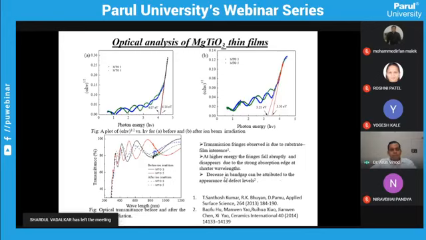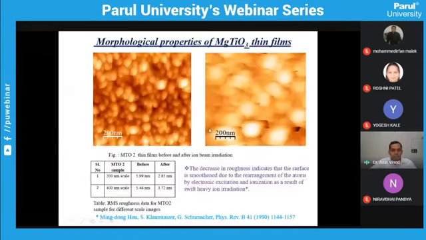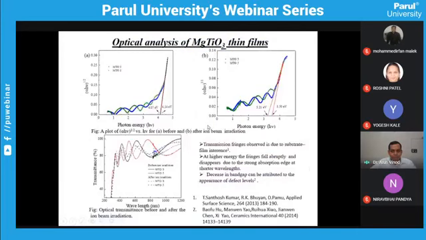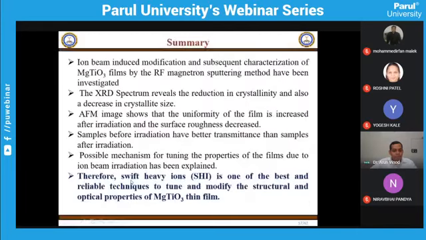So what we understood from the XRD, AFM, and optical analysis is that swift heavy ion irradiation is one of the best and reliable techniques to tune and modify the structural and optical properties of MgTiO3 thin films, because the XRD results show a drastic decrease in the crystallite size, and there is also a change in band gap.